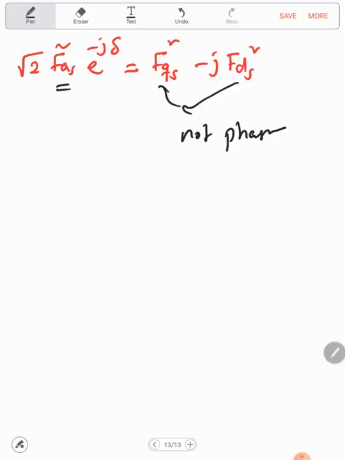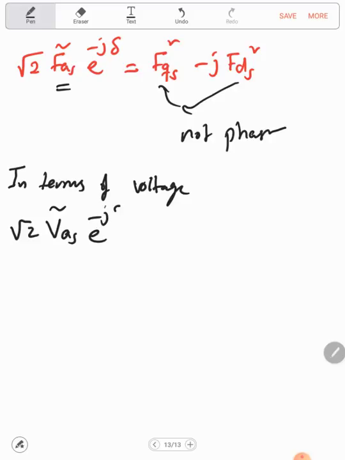We know that F is any function. It can be voltage, current, or flux linkage. So in terms of voltage, this means that square root of 2 VAS as a phasor exponential of minus j delta will equal VQSR minus j VDSR.